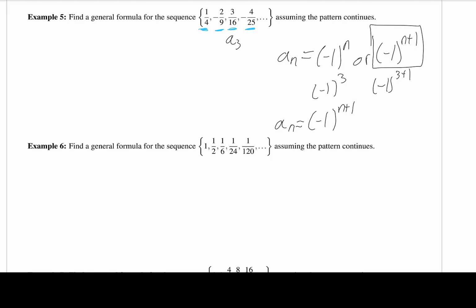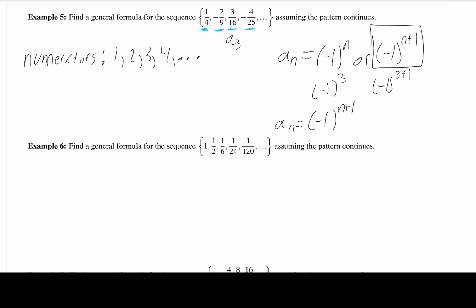To figure out the rest of it, I'm going to omit these negative signs and just look at our sequence. So the numerators give us a sequence of 1, 2, 3, 4, and so on.